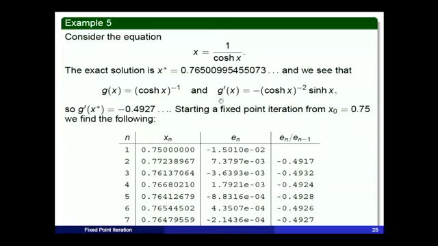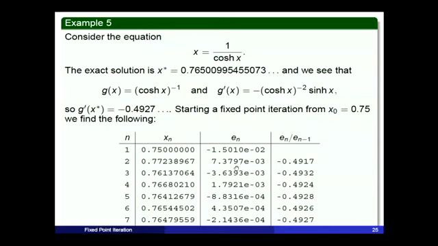So this is another example. Now you have x equal g of x, but g of x is 1 over hyperbolic cosine of x. You see that when you take g equal 1 over hyperbolic cosine, take g prime, and put in x star, it will be less than 1 in absolute value.